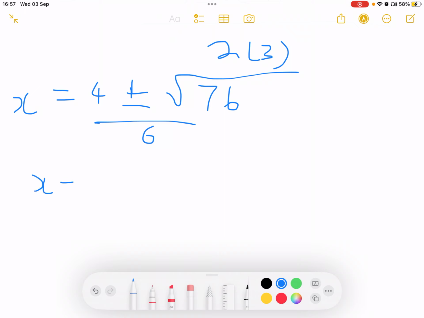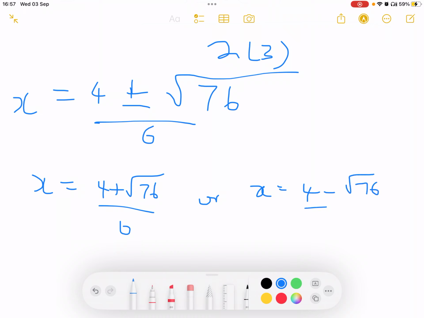Then x is equal to 4 plus square root of 76 over 6, or x is equal to 4 minus square root of 76 over 6. Then we take two decimal places according to the instructions in the second page of the question paper. So this will be 2.12, or x is equal to negative 0.79.